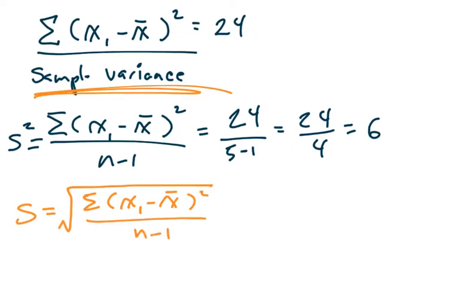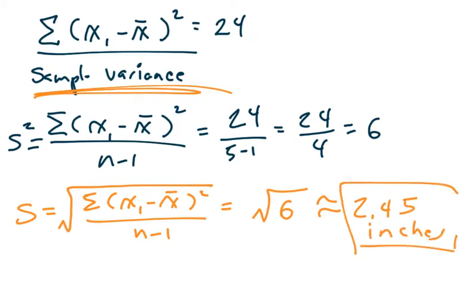Okay, so in our case, it is the square root of 6, which is approximately 2.45. Okay? Oh, shoot, no. It's 2.449. Oh, yeah, 2.45. Good. Okay, 2.45 inches. Okay, that is the standard deviation.